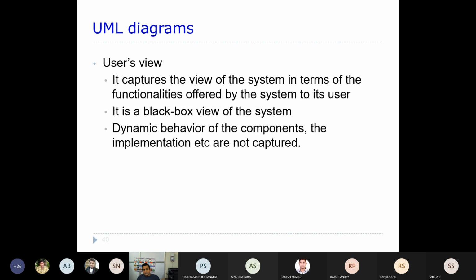The dynamic behavior of the components and the implementation are not captured. These are just the high level functionalities a user is going to get, and that is exactly what is represented through a user's view.